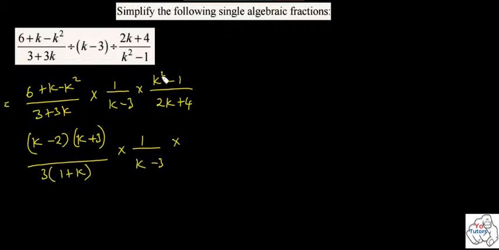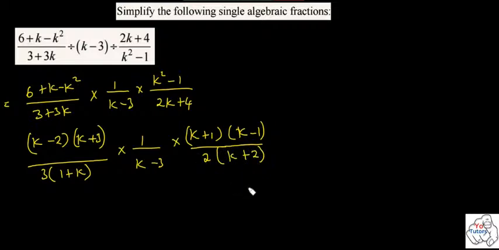When you have k squared minus 1, a difference of two squares, it is k plus 1, k minus 1. Then here, we factor out 2, which gives k plus 2.